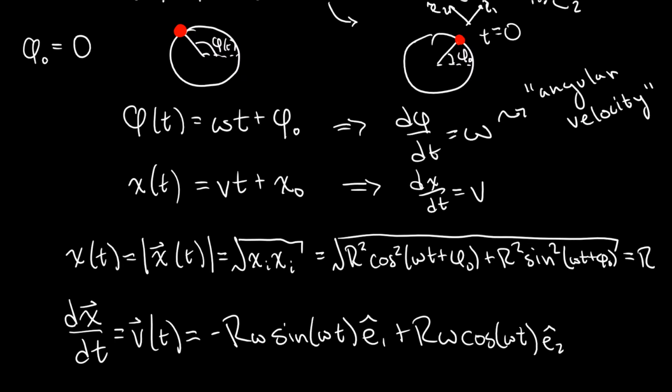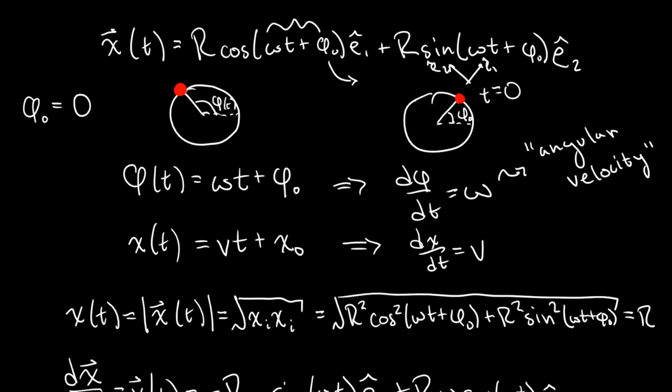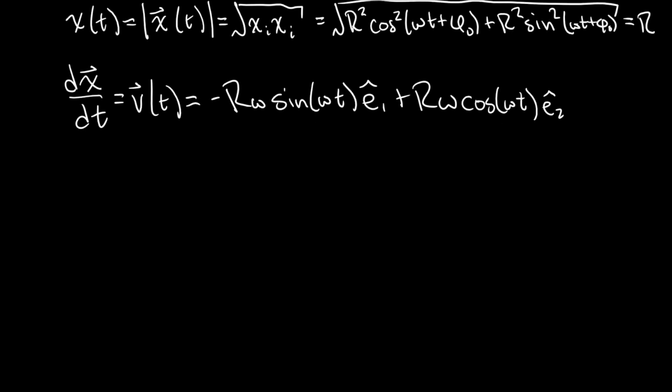So that's going to be my velocity. Okay. So how do the position vector and the velocity vector relate, or how do they orient with respect to each other? That's a pretty easy thing to find just by considering a dot product between the two. So I can take a dot product between the position vector and the velocity vector, which I can write in component form as the sum of the components.